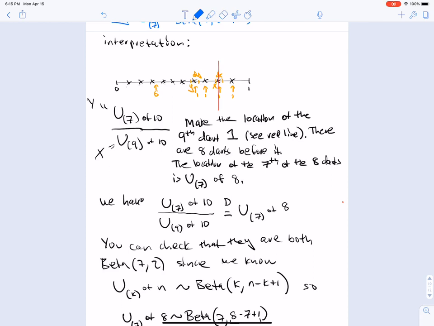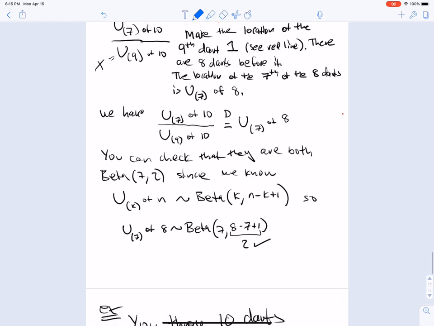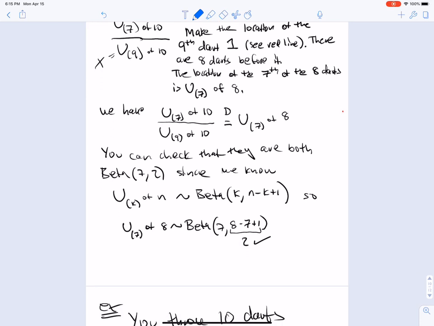So what I'm saying is that the 7th order statistic out of 10 divided by the 9th order statistic of 10 is equal in distribution to the 7th order statistic of 8. You can check that they're both beta 7, 2, since, for example, the kth order statistic of n is beta(k, n minus k plus 1). So in this case, the 7th order of 8 is also a beta 7, 2.